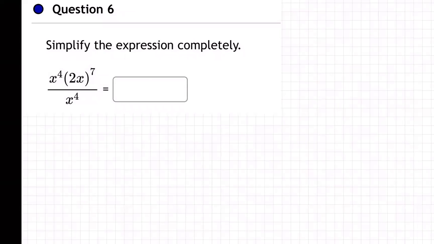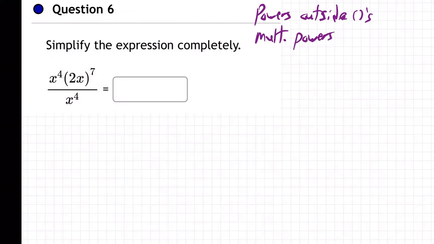Okay, on this question, first off, notice we have some powers on the outside of parentheses. So let me remind you: powers outside parentheses multiply powers inside parentheses.